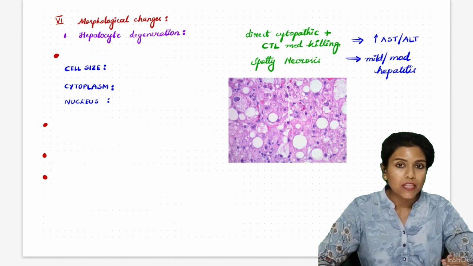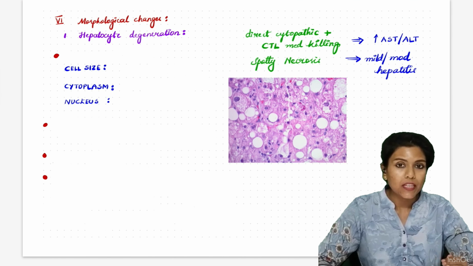Hence, this ballooning degeneration is seen in viral hepatitis. Here the cell size will increase, that is, swollen hepatocytes. The cytoplasm will be pale and finely granular, and the nucleus will be intact. So it is suggestive of reversible injury. It is still a reversible injury. In this histopathology, this is a ballooned hepatocyte. It has increased in size.